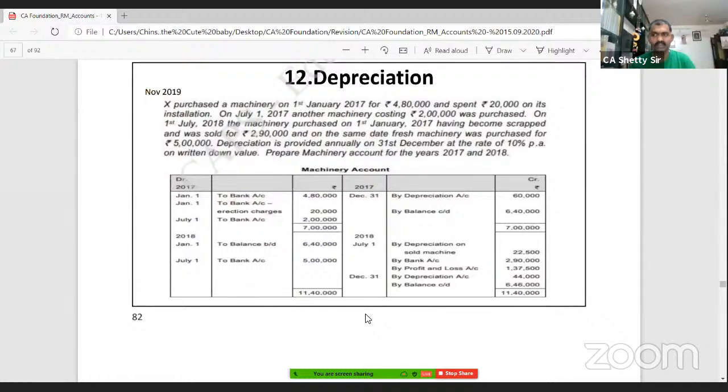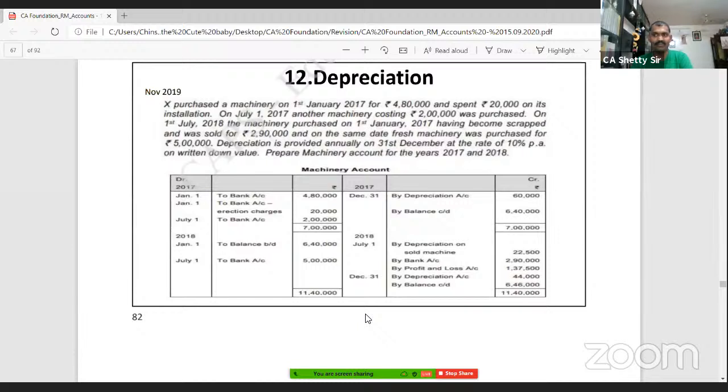Under that, mango with mango, WDV of assets sold minus. How much? 4,50,000. Right side.